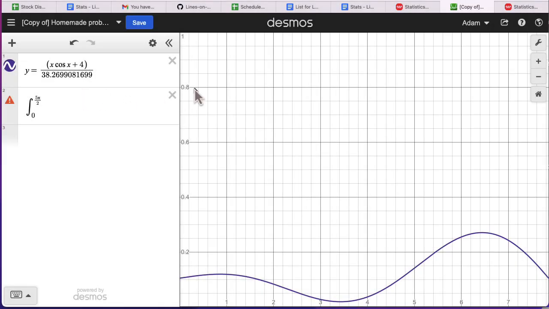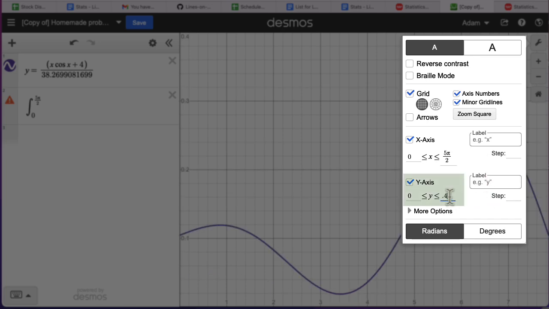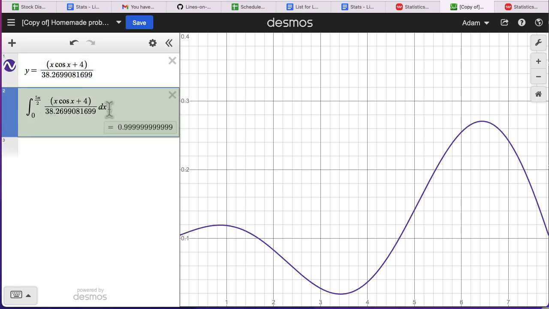In fact, we really don't even need 0 and 1 because this thing hits a maximum density of quite a bit less than that. So let's make this 0.4. Cool. So that's what we're looking at. And just to see, I'm going to copy paste all of this into here, and put a dx out front. And I get 0.99999.